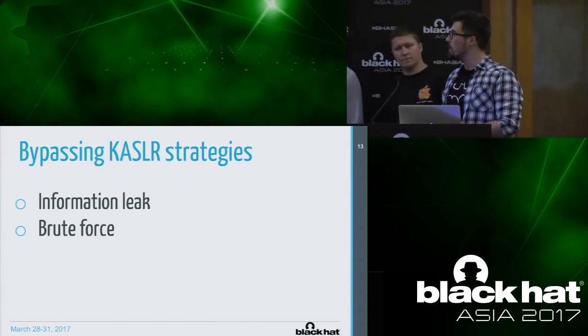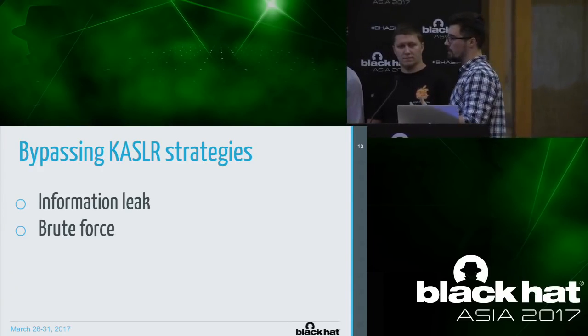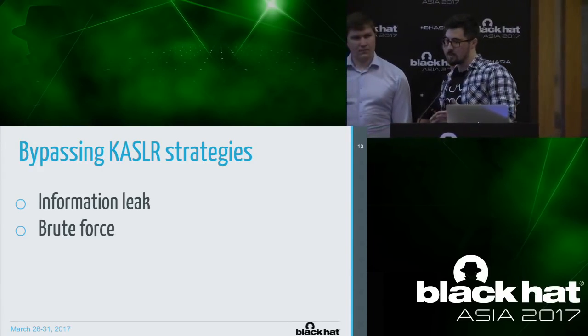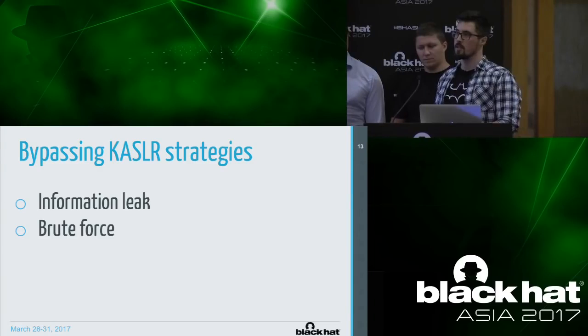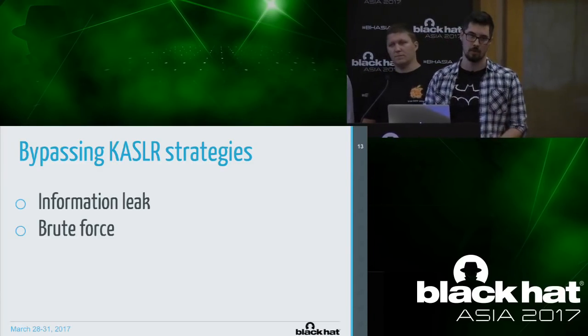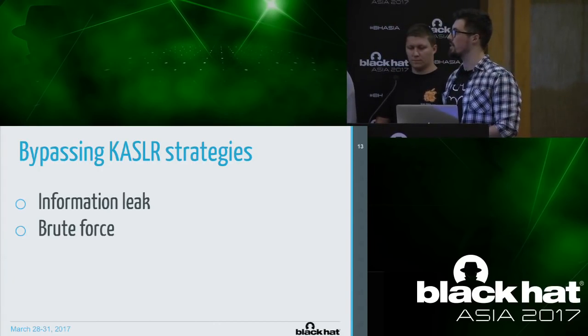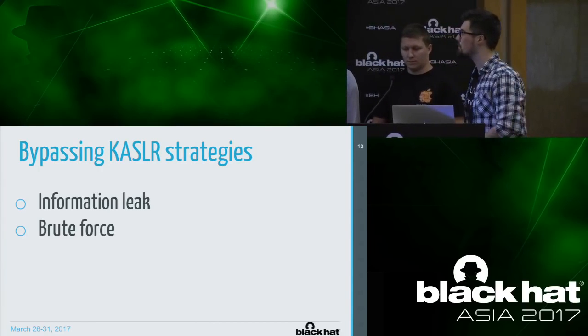A pretty popular way to bypass KASLR is an information leak. So the idea is that we can use something like structure size mismatching, and some of the kernel memory will be copied to user mode. And usually one pointer is enough to understand the kernel base address.